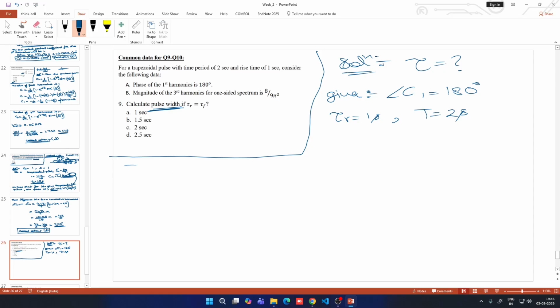Now for a trapezoidal pulse with equal rise and fall time, this formula is for the trapezoidal pulse which has the same rise and fall time.